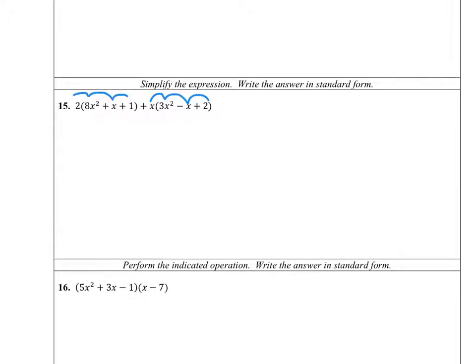So I won't do the first one, but I will do the second one for you. I'm going to get plus 3x cubed minus 1x squared plus 2x. So that's what the second one is. I'm going to let you distribute the 2 on this and put it down here and then combine all the like terms.